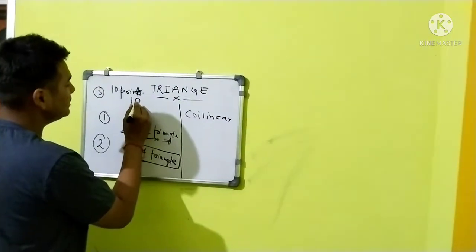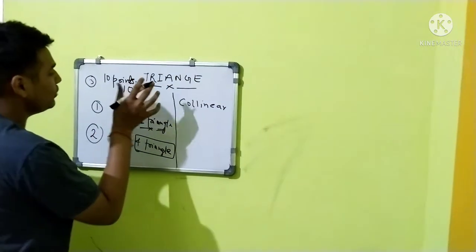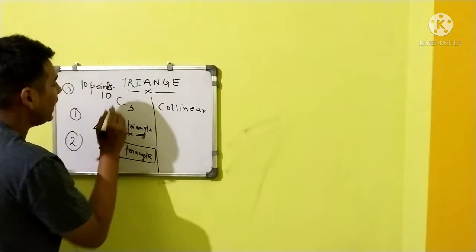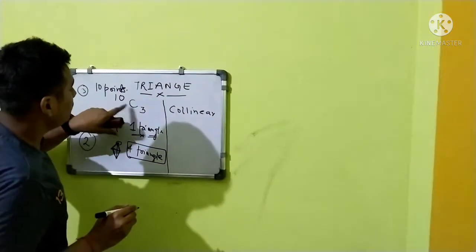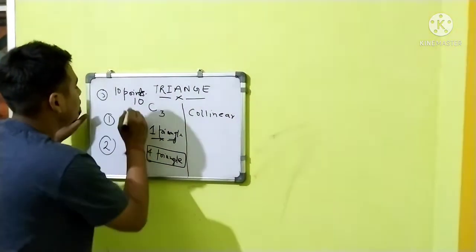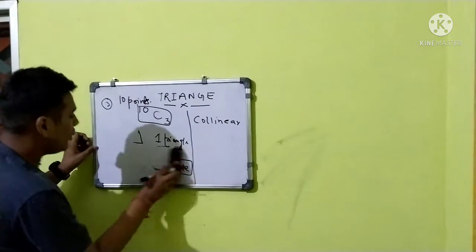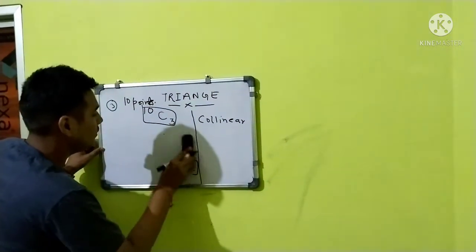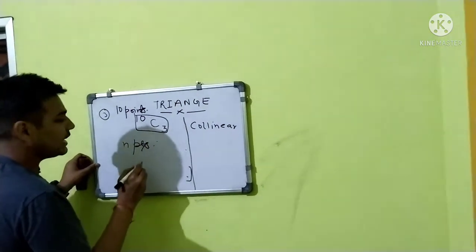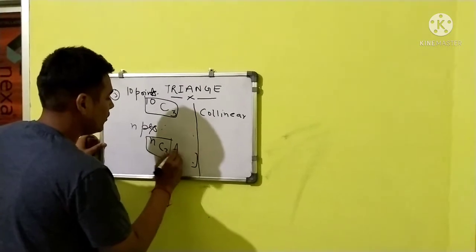So out of 10 total points, we need to select only 3 points. That is, we have to take the combination 10C3. That means out of 10 we select 3 for making the triangle, and that is your answer. If n points are given, how many triangles can be drawn? nC3. Okay, is it clear?